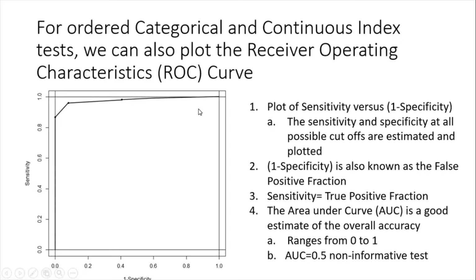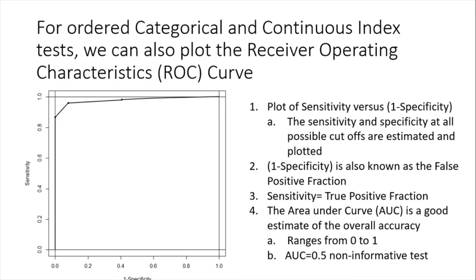Now, over here, for the receiver operating characteristics curve, a very good measure of overall accuracy is the area under the curve. This area under the curve over here. Area under the curve may take any value from 0 to 1.